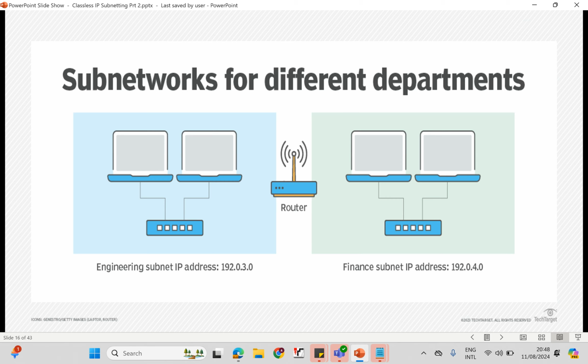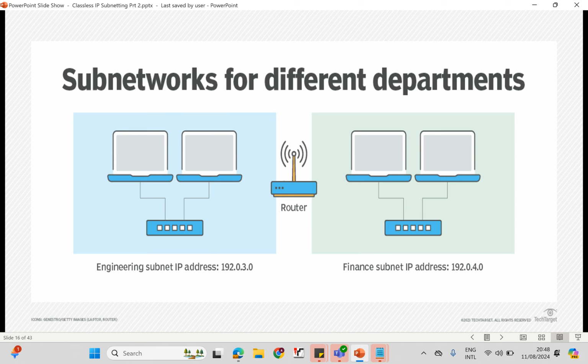So in this case now, if you are dealing with a classful subnet, this is obviously going to be a /16, whereby you can only make modifications on the last two octets.